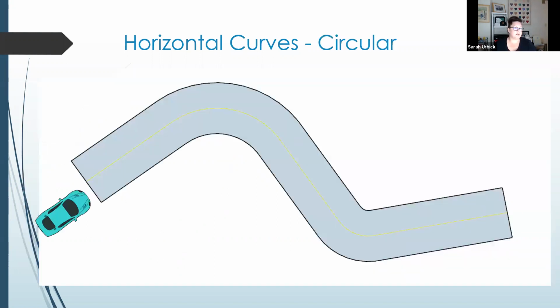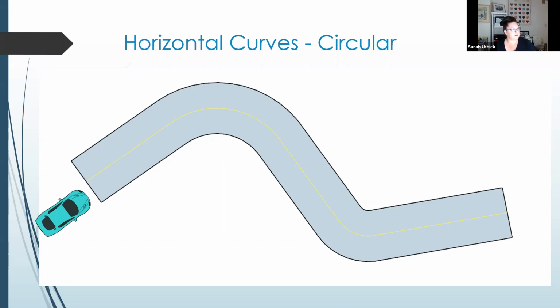Okay. The concept behind horizontal curves is that they are circular. So we're going to use circular properties, geometry, trigonometry, angles. That's what's going to help us. Those are the kinds of theories and math we're going to use. All right, so here we have our fancy little sports car. Someday, maybe.